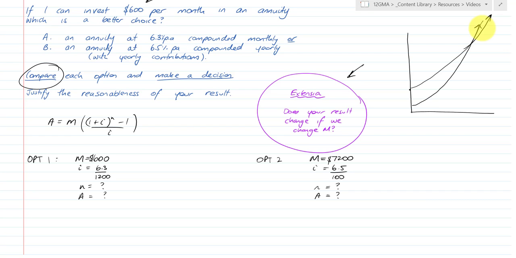So M is 600. I is 6.3 over 1,200. I'm going to say N is 10 years, 10 times 12. And so in this case, A is equal to 600 times 1 plus 6.3 over 1,200 to the power of 120 minus 1 over 6.3 over 1,200.